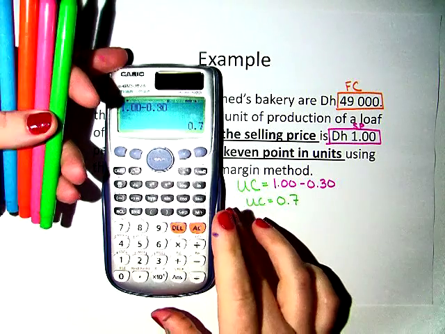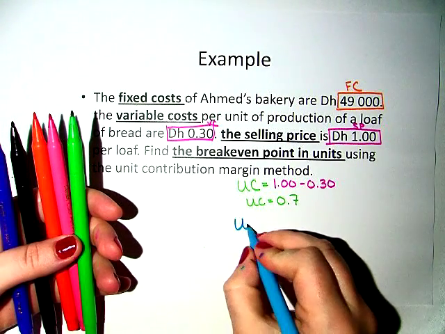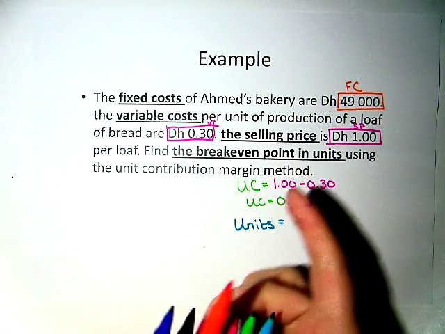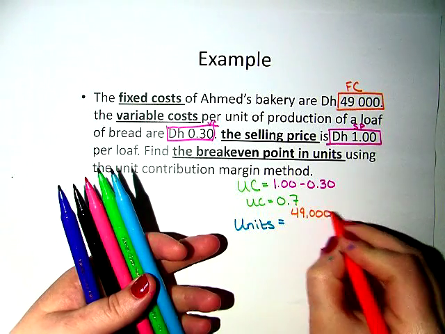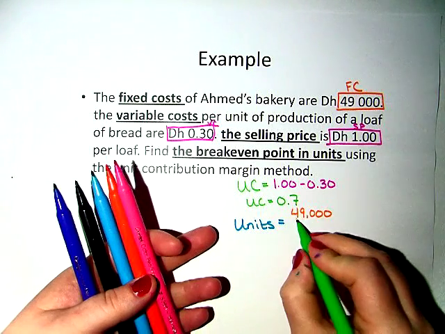Now, in order to find the break-even point in units, I need to take my fixed costs of 49,000 dirhams and divide it by my unit contribution margin.